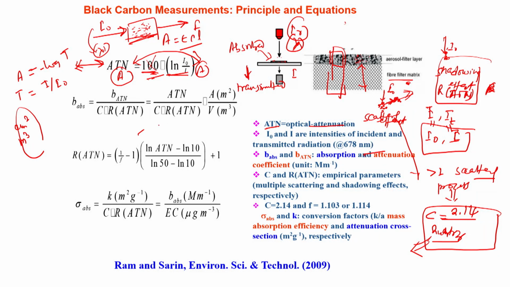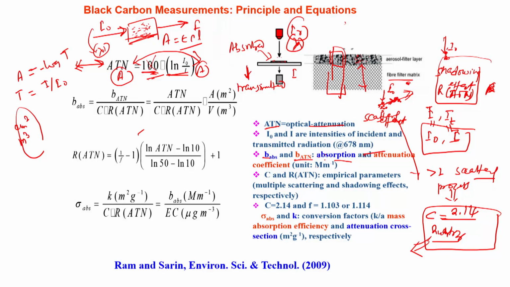Now, in this equation I have been discussing that B absorption is absorption coefficient, and the unit is 10 to the power minus 6 meter inverse, and B attenuation is attenuation coefficient.